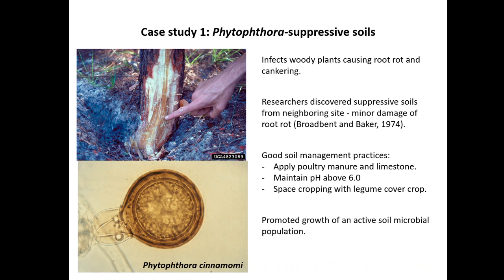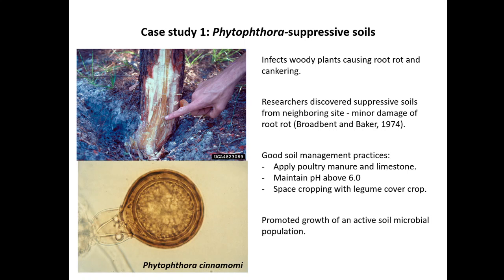So the first case study is the Phytophthora suppressive soils. Phytophthora cinnamomi is a widespread soil-borne fungal pathogen that infects woody plants, causing root rot and cankering.